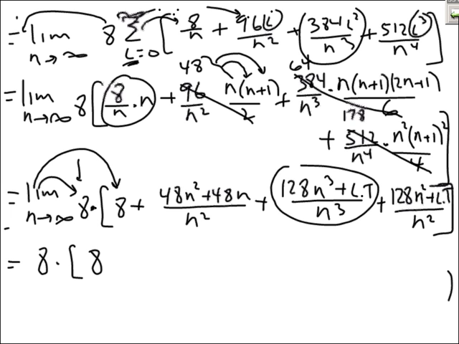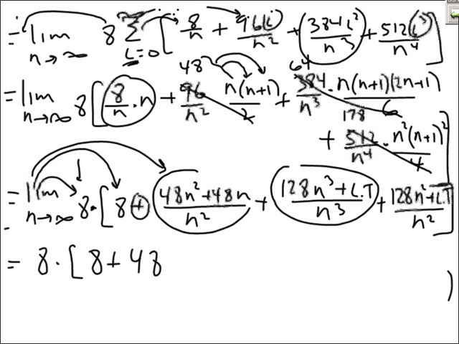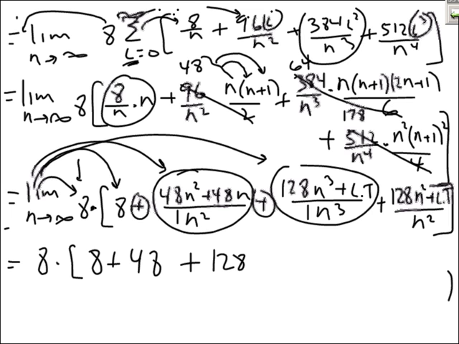The limit of 8 is 8, plus the limit of this is 48, since the degrees on top and bottom are the same. 48 over 1 is 48, plus the limit of this is also 128, because the degrees of the top and the bottom are both 3. Divide the coefficients, get 128.